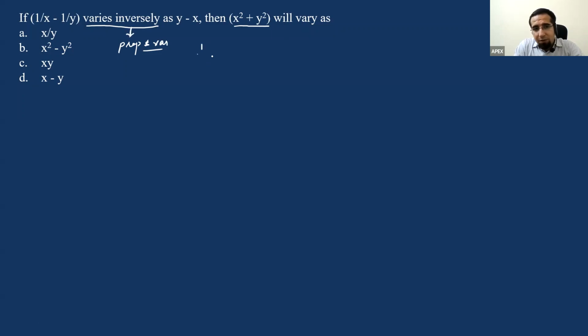Okay. So if I simplify, 1 by x minus 1 by y is inversely proportional to y minus x. Since I have to solve this, I'll remove the proportionality sign. So my left hand side would become y minus x. I remove my proportionality sign by bringing a constant into y minus x.